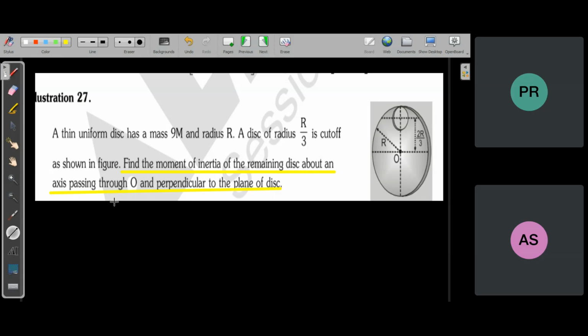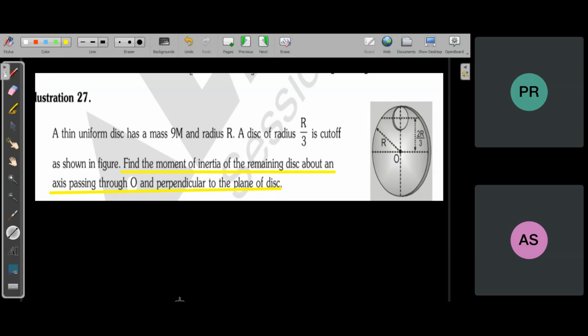Moment of inertia is always defined about the axis, and the axis is given in the question. The axis does not shift by cutting or adding mass. Center of mass will shift, but the axis will not shift. The axis has nothing to do with center of mass.